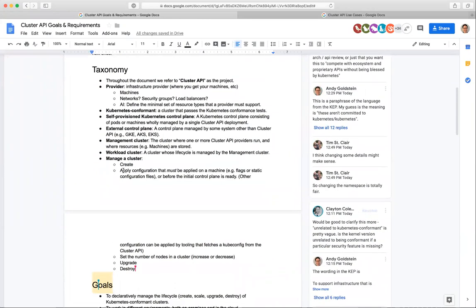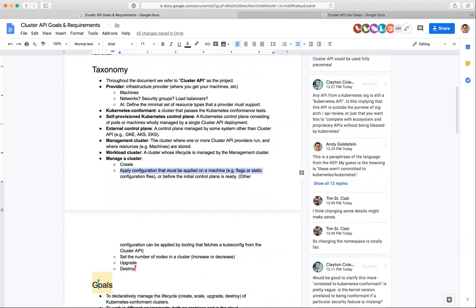Okay. Yeah, we had a discussion in the first hour about when you're managing a cluster, is there a definition of a configuration that has to be there for the cluster to be considered minimally functional, and that if there are add-ons, we could figure out that later.